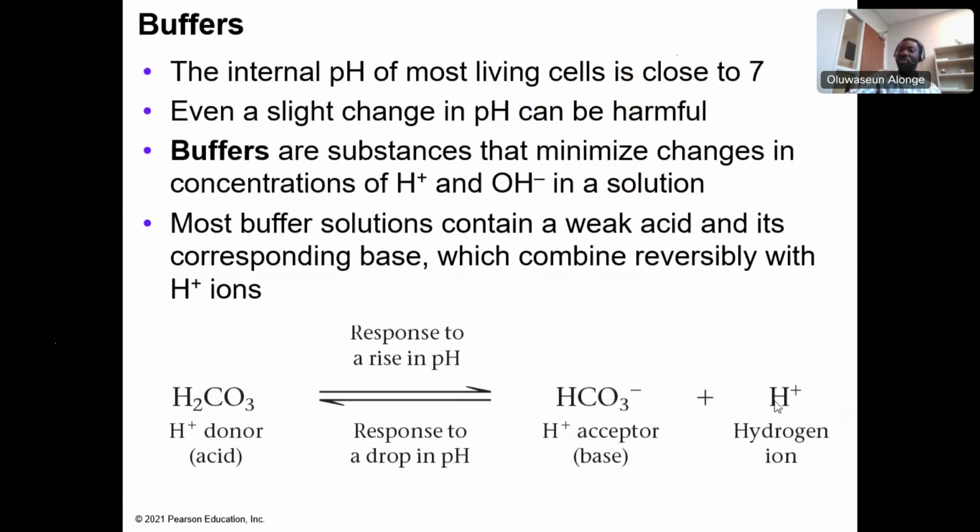This guy is going to capture H plus and then form HCO3. When it forms HCO3, it has captured some hydrogen ion from the system, and so that will reduce acidity. Because when this is not in the system, acidity reduces. When this binds there, this becomes this, which is a buffer holding the acid together.